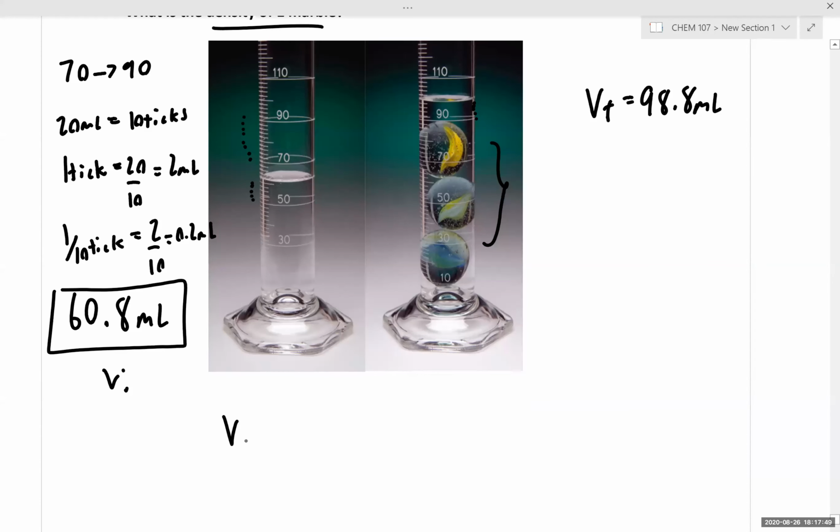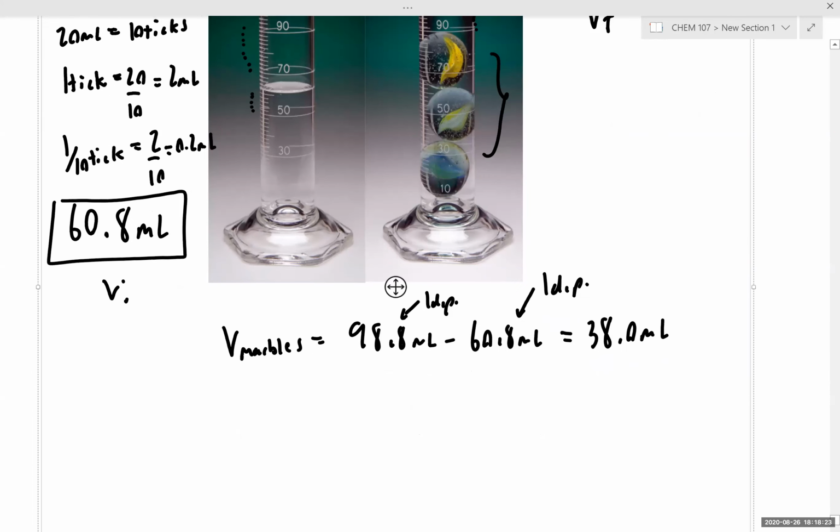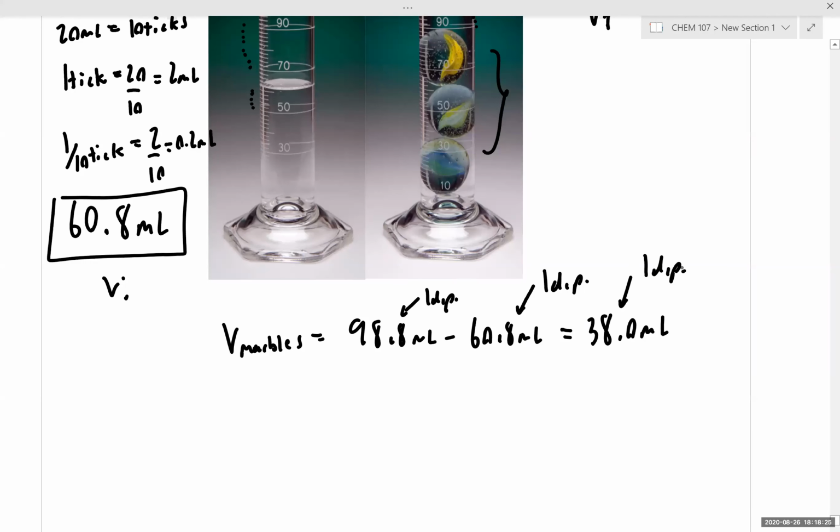So to calculate the volume of our marbles, we have 98.8 milliliters minus 60.8 milliliters, and that in turn gives us 38.0 milliliters. 60.2 would also be okay, yes. So respecting the fact that each of these numbers has 1 decimal point, our final answer has 1 decimal place.